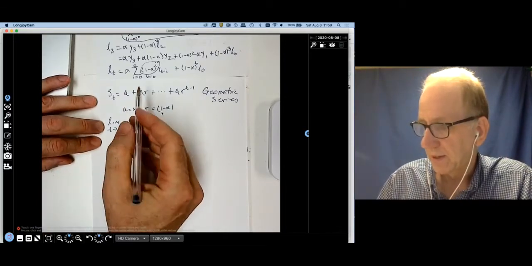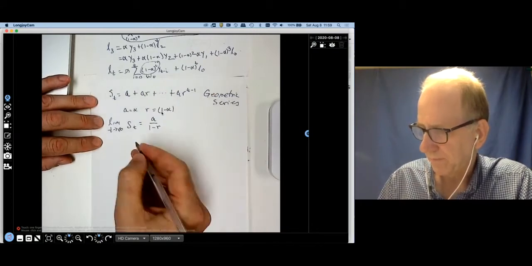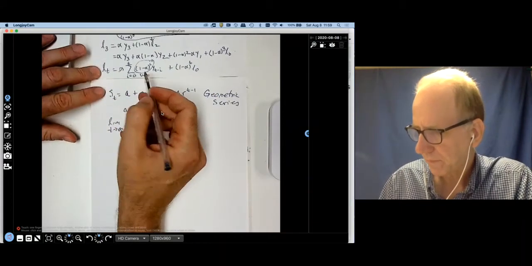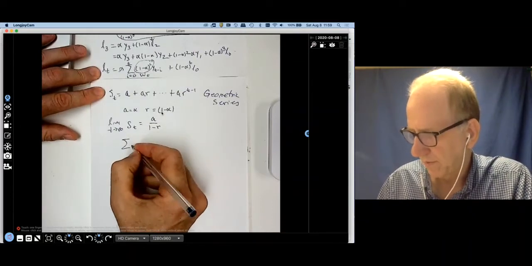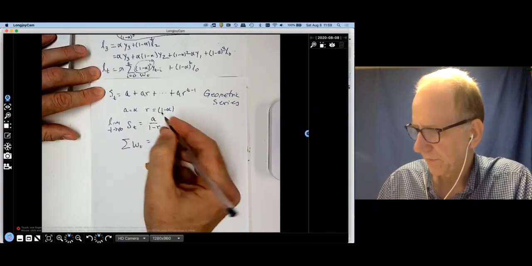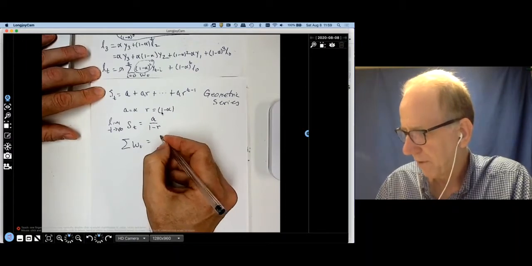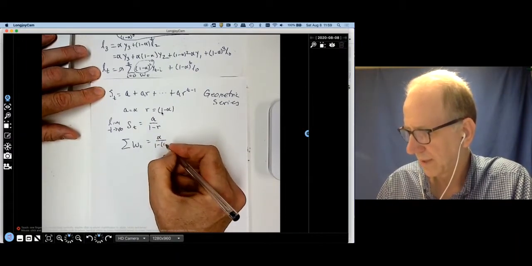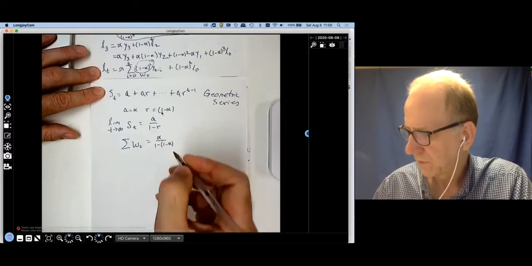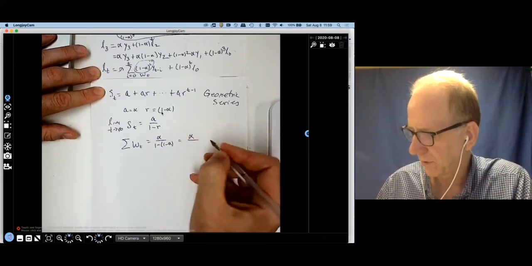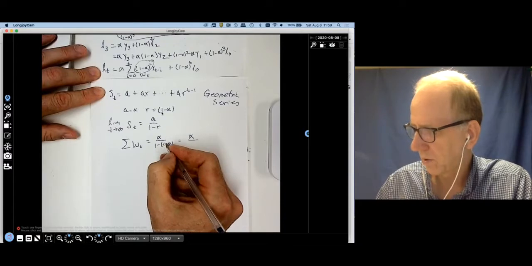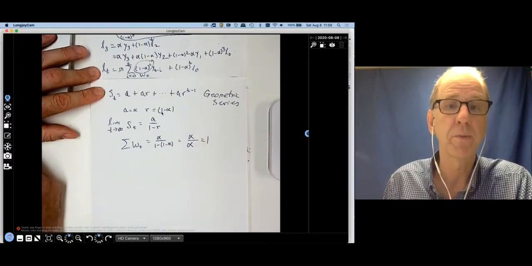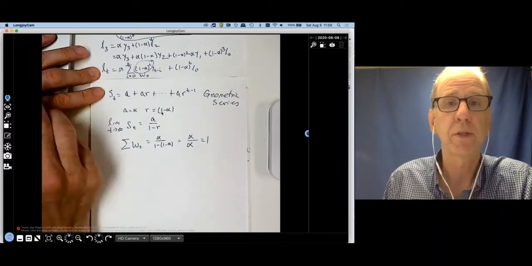And so the sum of my weights would be alpha all over 1 minus alpha. Well, this is just alpha over, the ones go away, alpha, which is 1. So my weights sum to 1 with this geometric series.